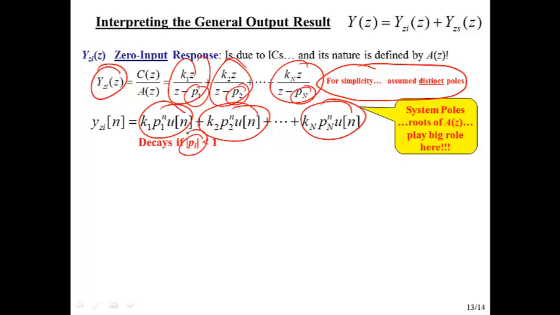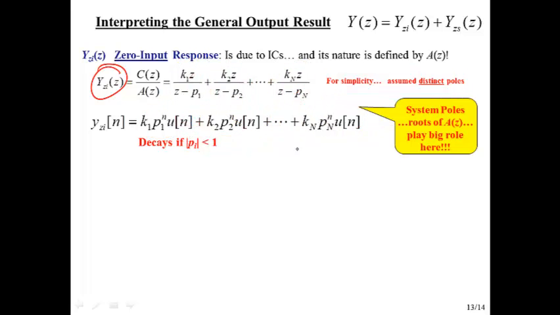And if all of our poles are inside the unit circle, all of these things will decay down. And so that tells us that for a stable system, this initial condition part decays away. I've mentioned that several times now. That should be a clue that this is an important idea.